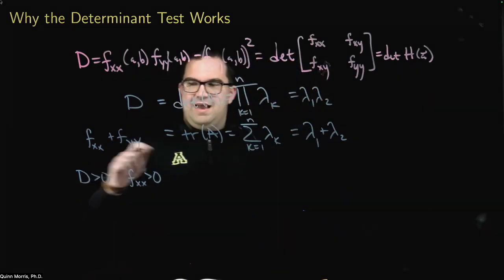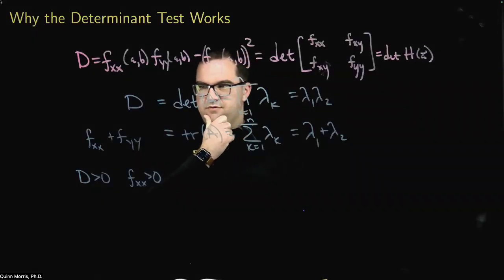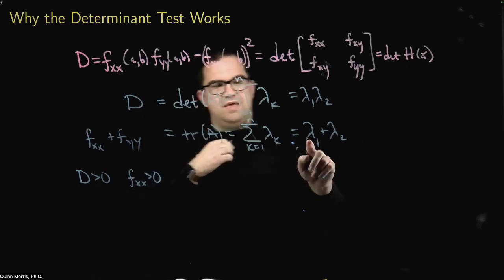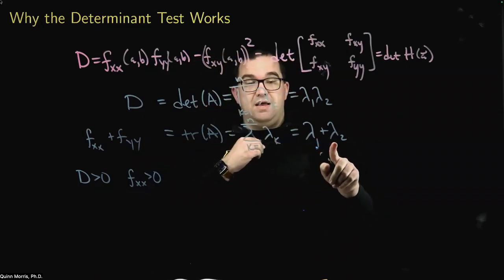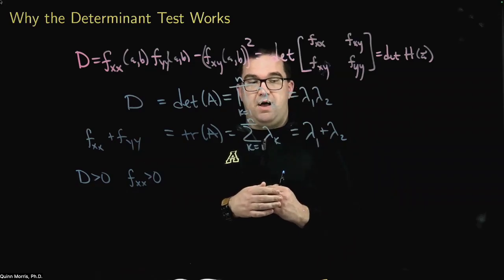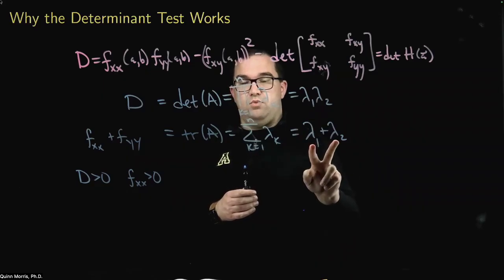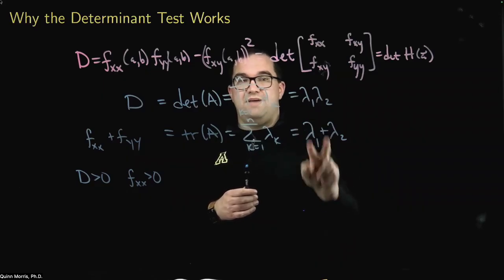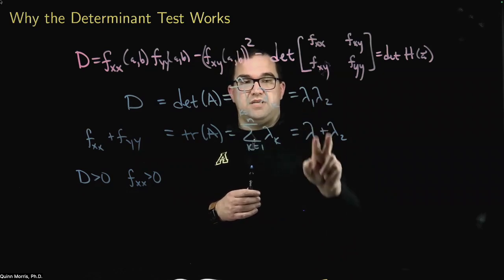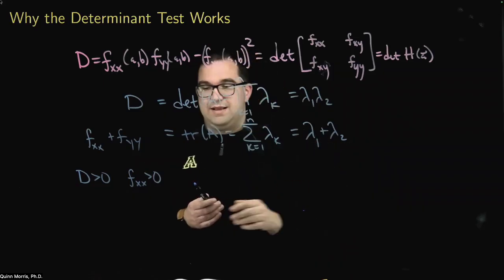Now, if I knew that lambda 1 plus lambda 2 was positive, and I know these have the same sign, then I would know they both have to be positive. If I know that lambda 1 and lambda 2 have the same sign because this product is positive and the sum is negative, that tells me they're both negative.